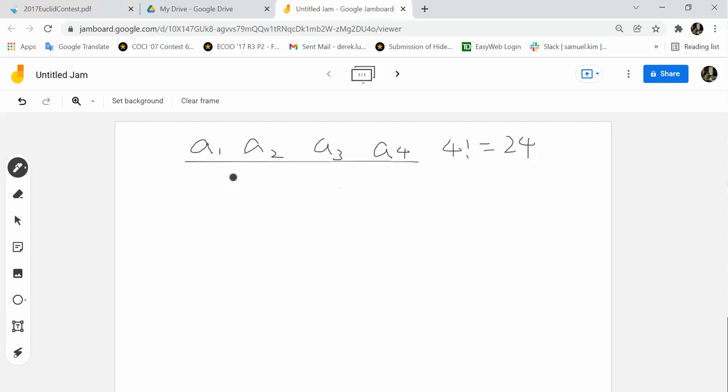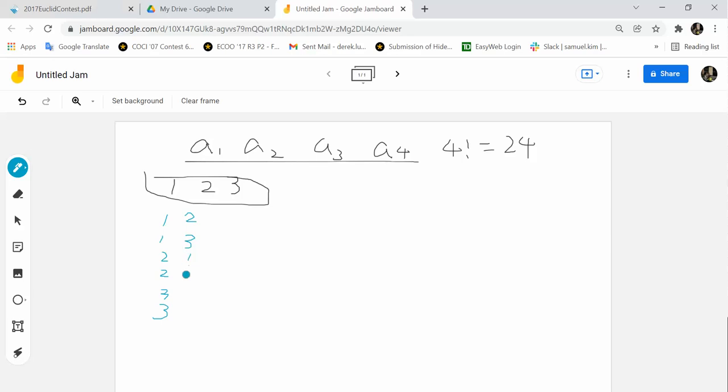One way, let's say for an even smaller case, we have 1, 2, 3. How do we do the permutation for 1, 2, 3? First we have 3 choices: 1, 2, or 3. For the next one, if we choose 1, we have 2 choices, 2 and 3.